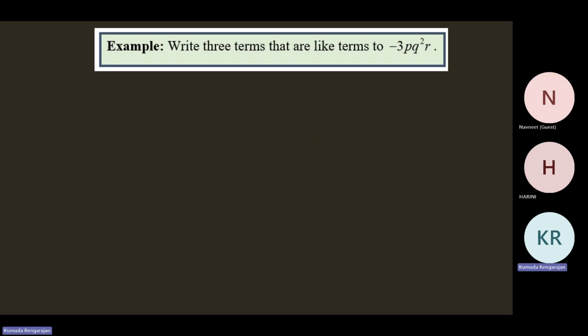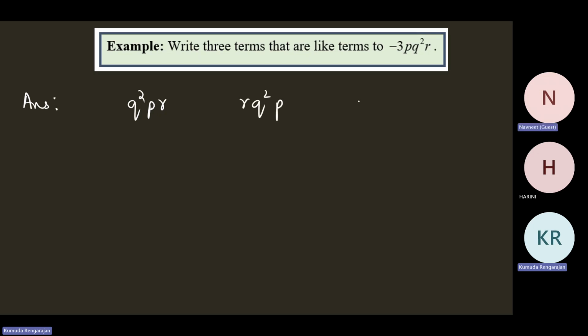Write three terms that are like terms to minus 3 p q square r. The terms which you write should also have p q square r, but the order can be different. The first term can have q square p and r. The second term can have r q square and p.